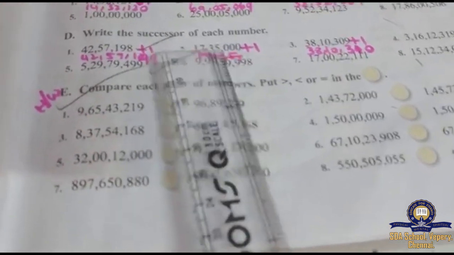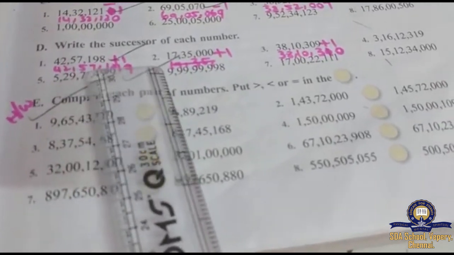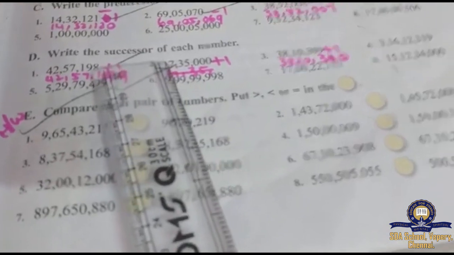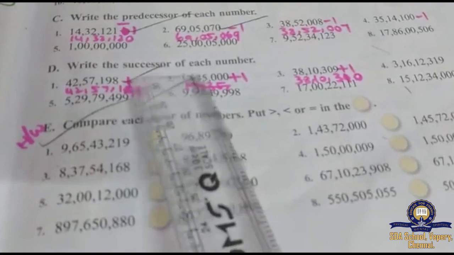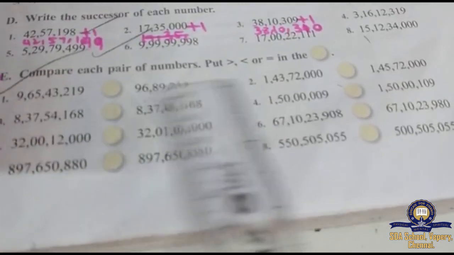If you add 1, this will become 42 lakhs 57,199. 98 will become 99. That's all.